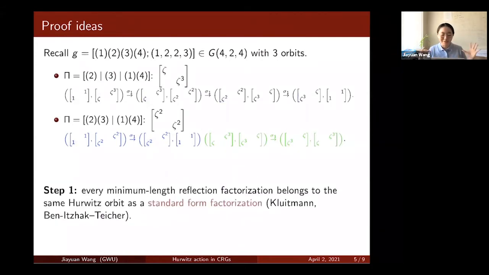And now let me go to a more formal proof. So in the first step of this more formal proof, it involves a definition that is called a standard form factorization. So what is that? In the example we have, we focus on a part that has two zero length cycles, and their factors correspond to this graph.